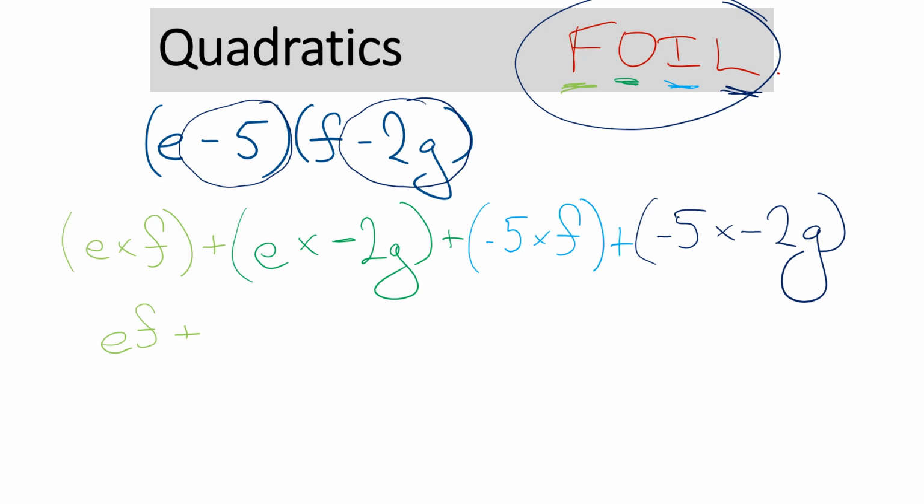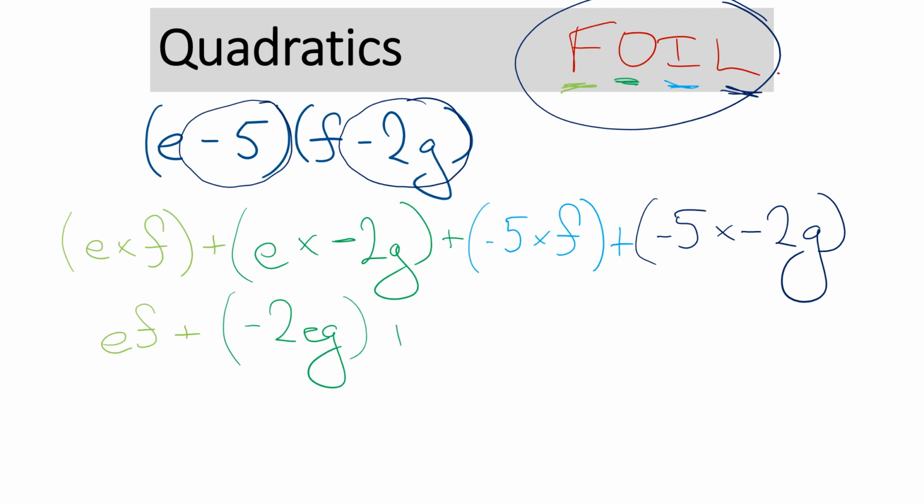Now, negative 2eg. Why did we do eg instead of ge? Because we keep it alphabetical. That's just the convention. It doesn't make any difference really, but we keep it alphabetical just so we can make our equations look pretty.